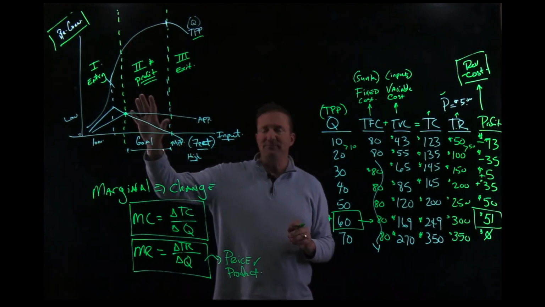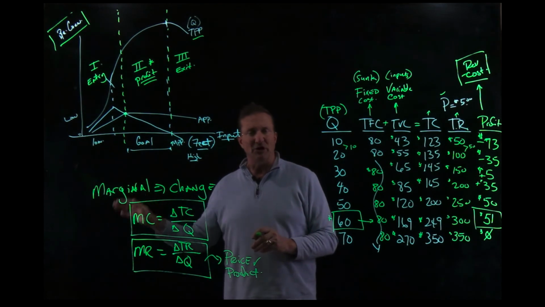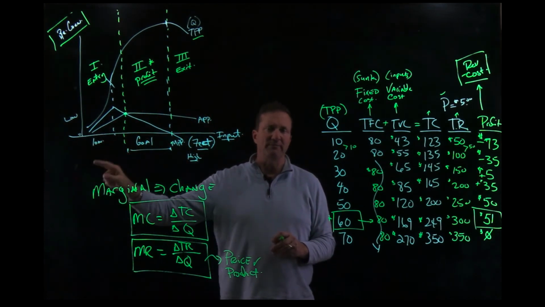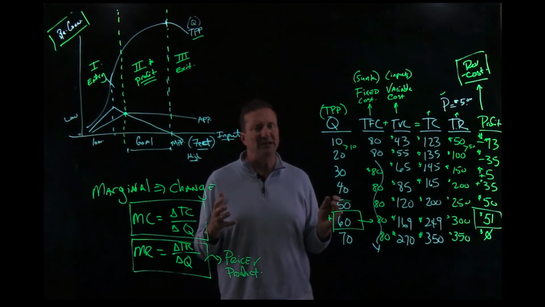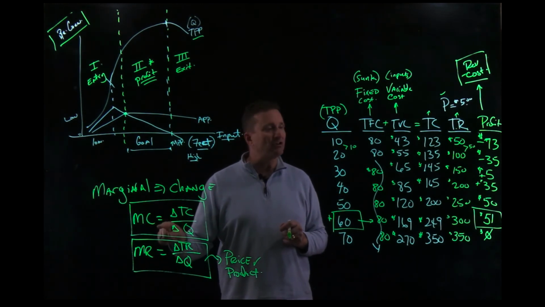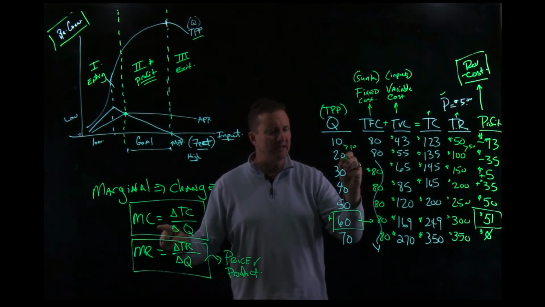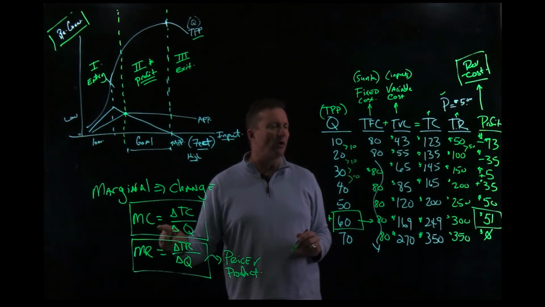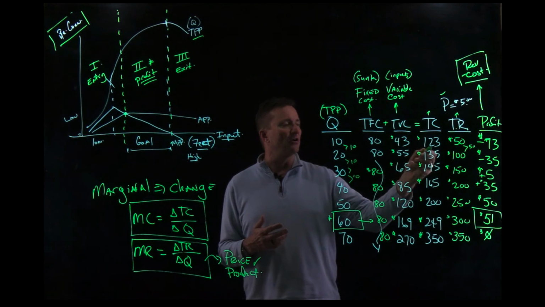So like we did in input analysis, where we looked at marginal value product and marginal input cost, a different discussion, one input at a time, when we move to output analysis, we apply the same concept. Marginal cost is going to change every time we go from 10 to 20 or 30 to 40. You are looking at 10 units every time, but your costs are going to change.